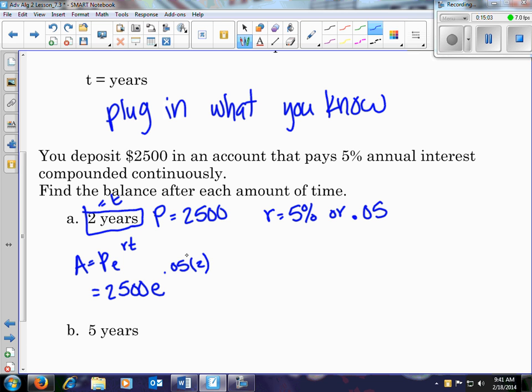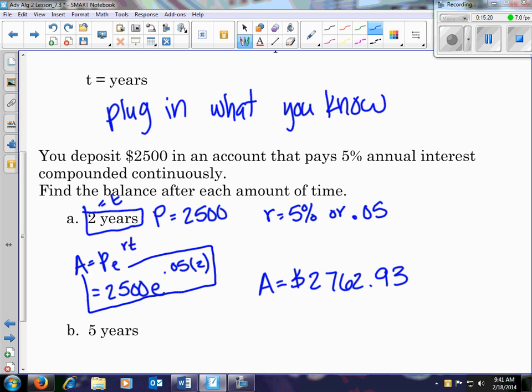Now, I'm just going to type this directly into my calculator. So A is going to equal $2,762.93. All you're going to do is take your calculator and type this in directly. You are not going to change anything. Just type it in and it will pop out this number for you.